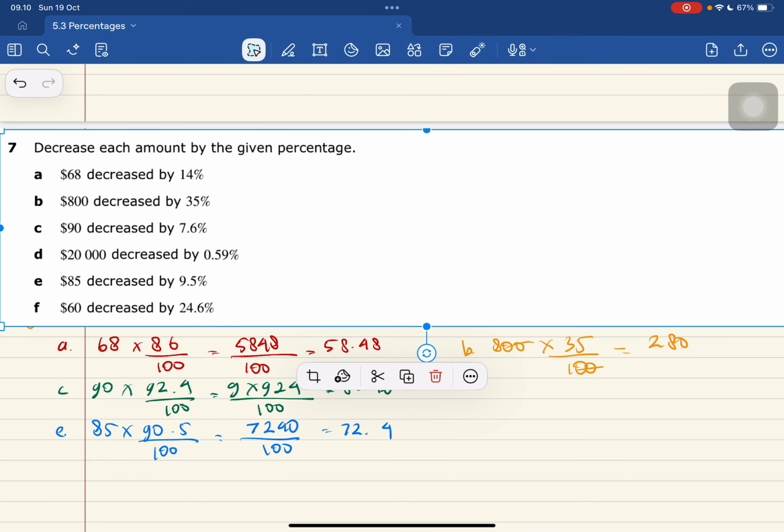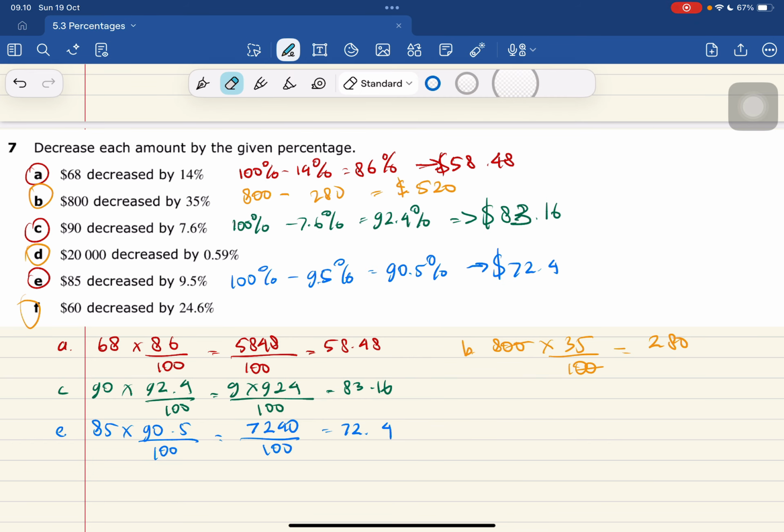Next, for D, use the second way. So we need to find it. Okay, this is for D. Let's find it. 20,000 times 0.59 over 100. So we simplify it. So it's going to be 2 times 59.